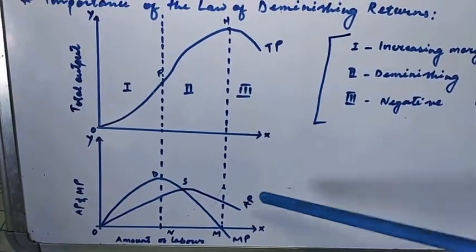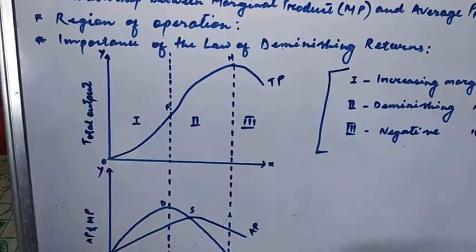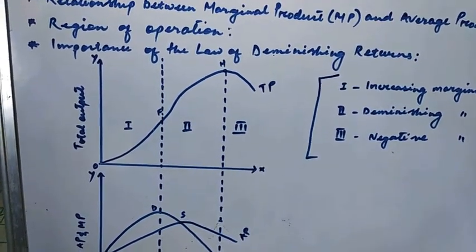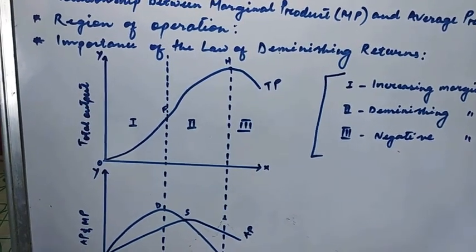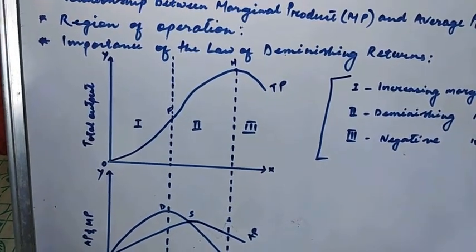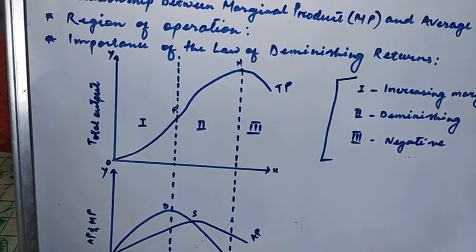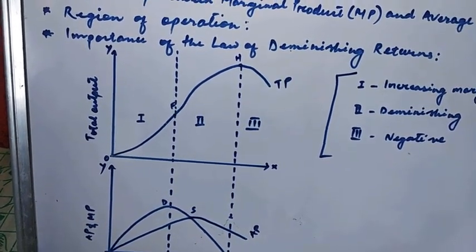So since marginal product is negative, a producer can always increase his total output by reducing the amount of labor. By deducting the amount of labor, he can increase his total output. In doing so, he will be saving the cost of labor.